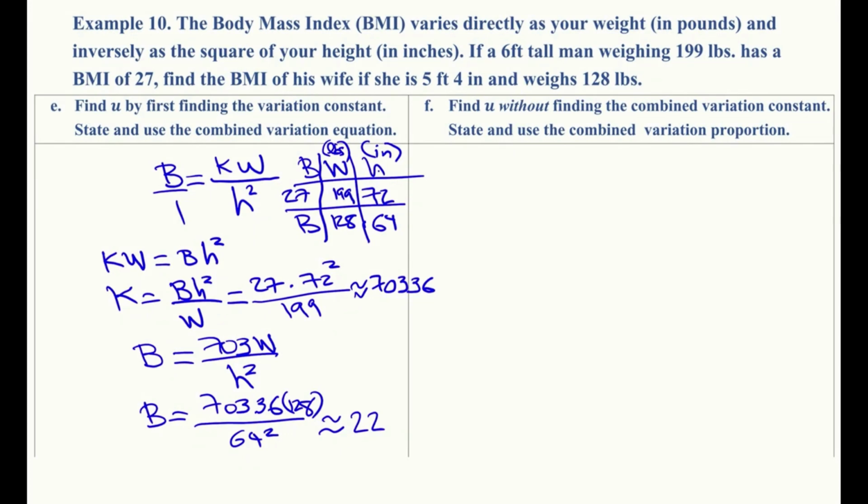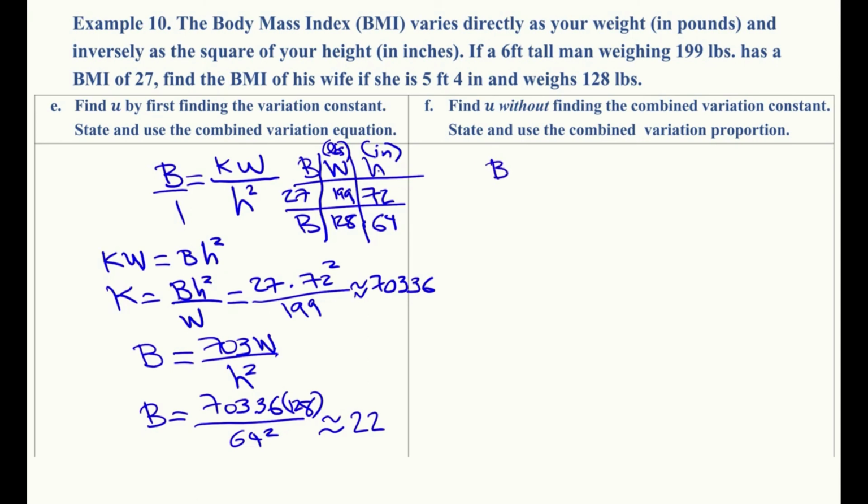Okay, so now let's go ahead and try to figure it out without finding the variation constant first, using the variation proportion. So remember, we need to set that up correctly, and we're going to use the general variation equation to set up the proportion. So we know that B and W vary directly.